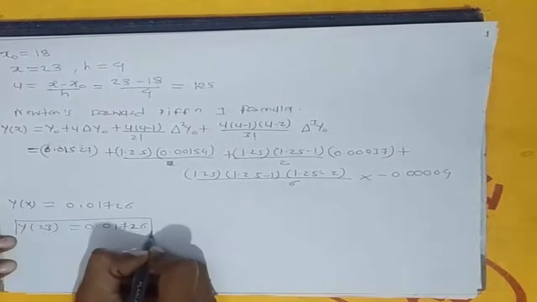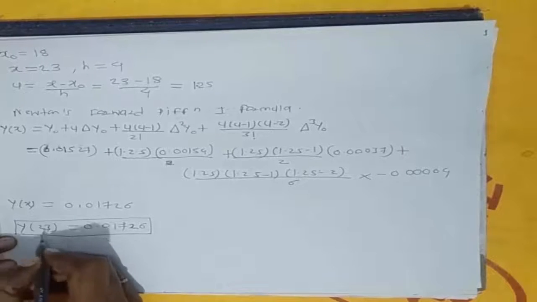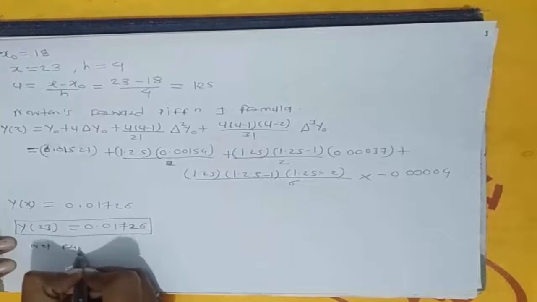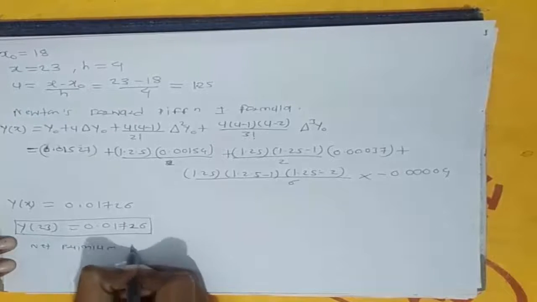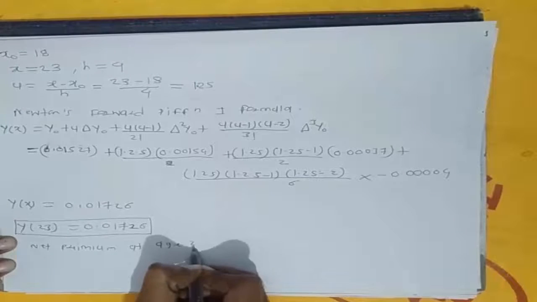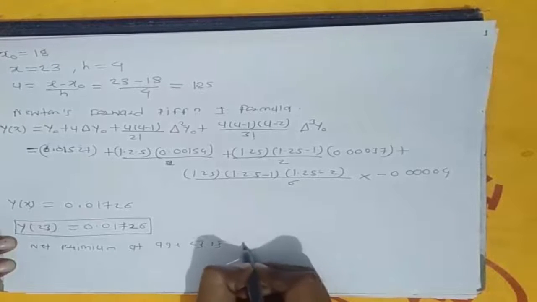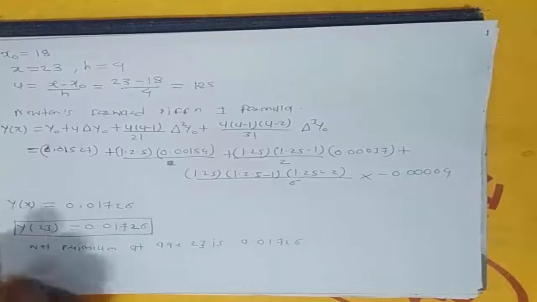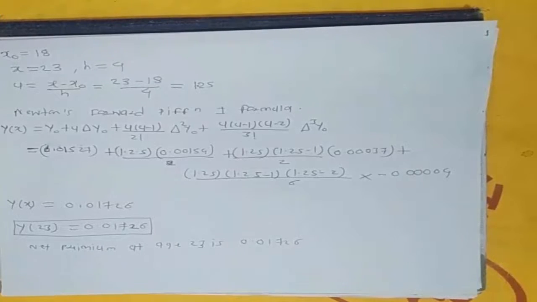That is the net premium at age 23: 0.01726. So in this way we can interpolate the value by using Newton's forward difference interpolation formula. Okay students, then we will see the next example.